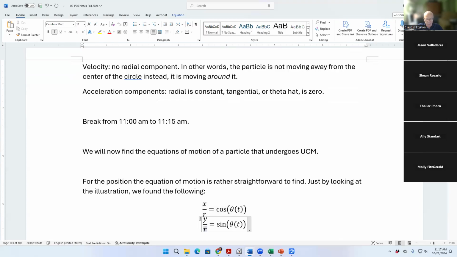I'm going to simplify this notation for now. R goes right in here. From this equation, we will be able to find the equation of motion. And how do we do that? Just by realizing that this theta angle is changing as time goes by. This theta angle is a function of time, okay?